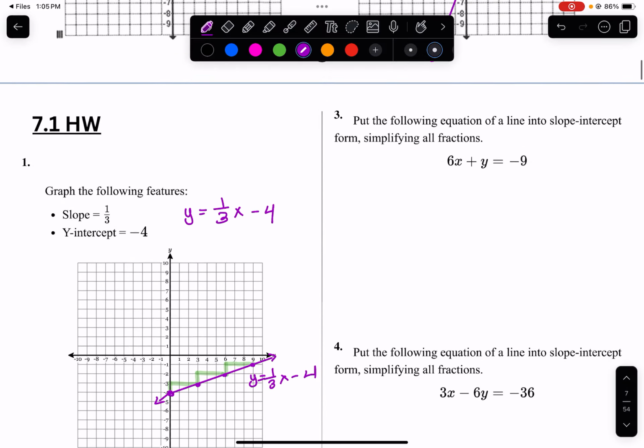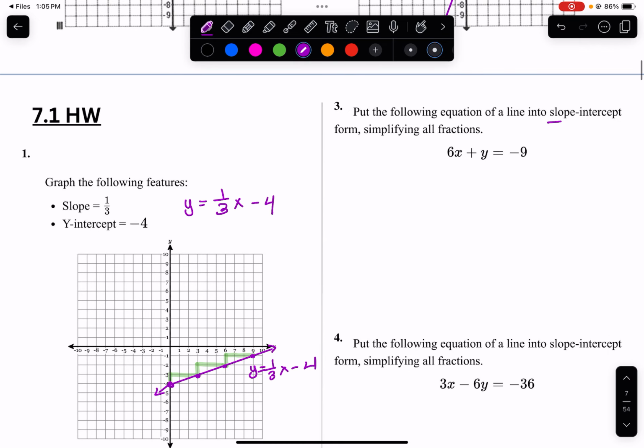And now for the last couple for your homework, you're just converting into slope-intercept form. So you're solving for y equals. So here, I want to move the x over first, and we'll get that y is equal to -6x minus 9.